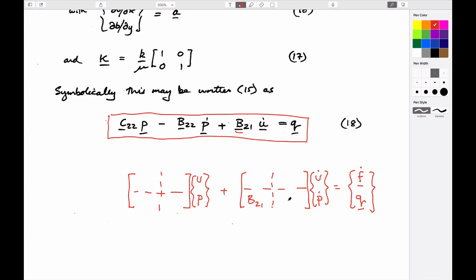Something operates on rates of changes of fluid pressure. Storage matrix. And this operates on fluid pressures, which would be this one. This is our conductance matrix.